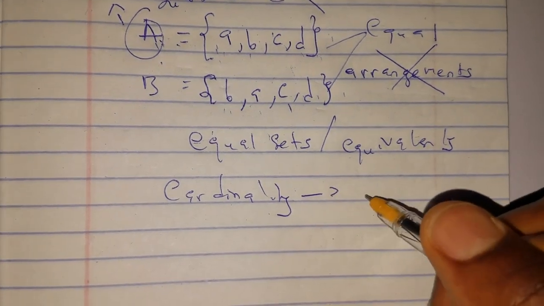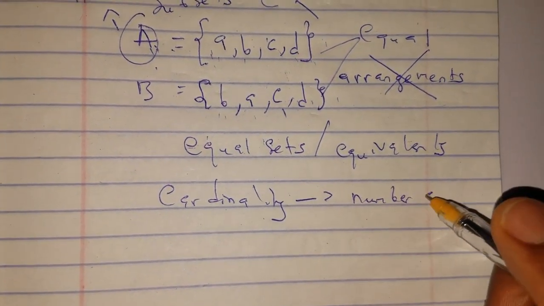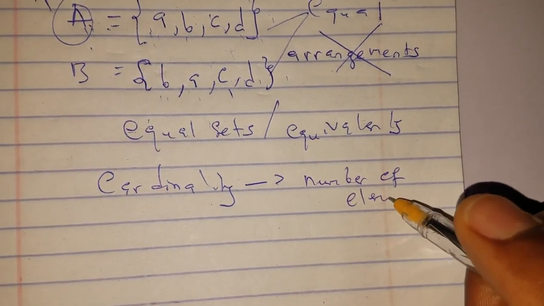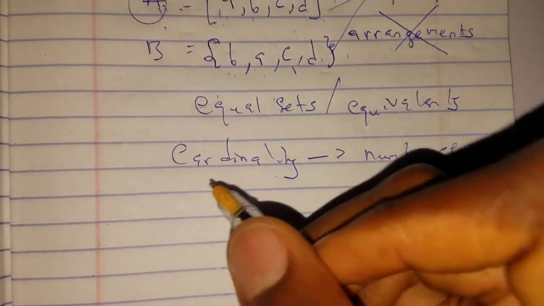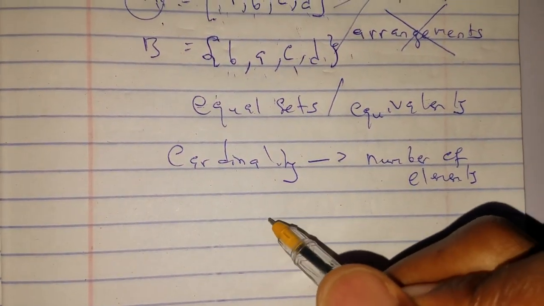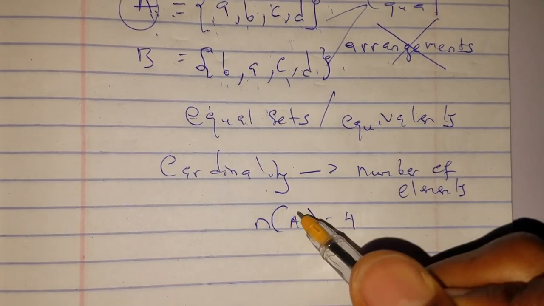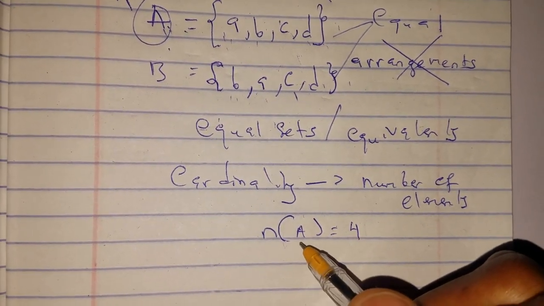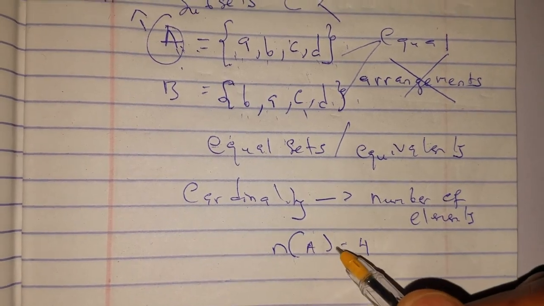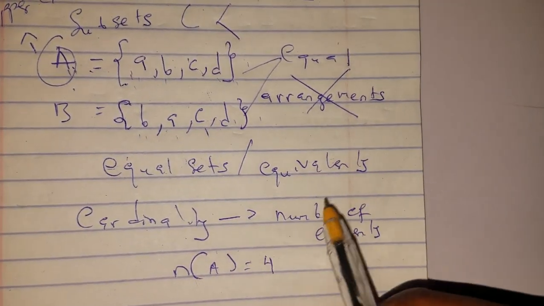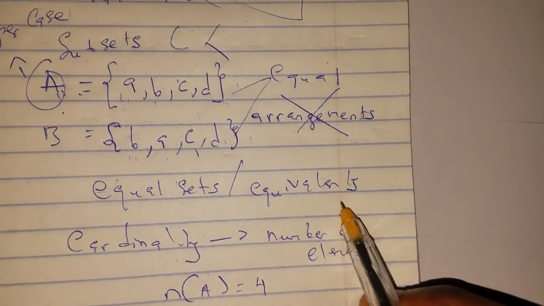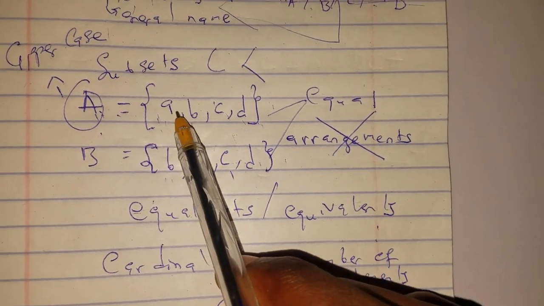Cardinality simply means the number of elements in the set. And this is how you show cardinality: small letter n, open bracket, A, close bracket, is equal to 4. For this you use your normal parentheses. So equivalent sets are just sets with the same number of elements.